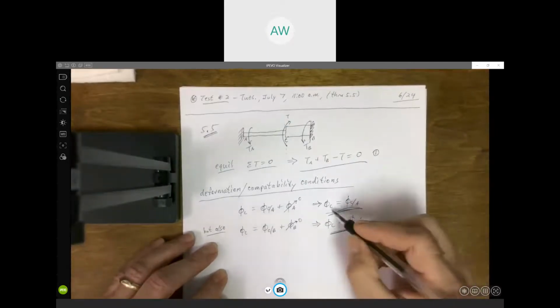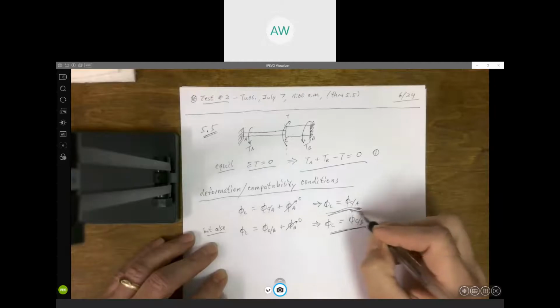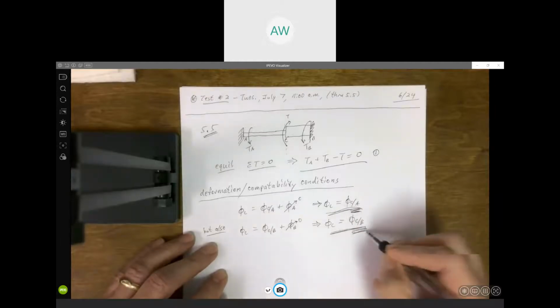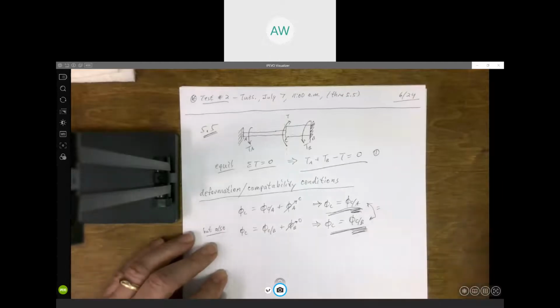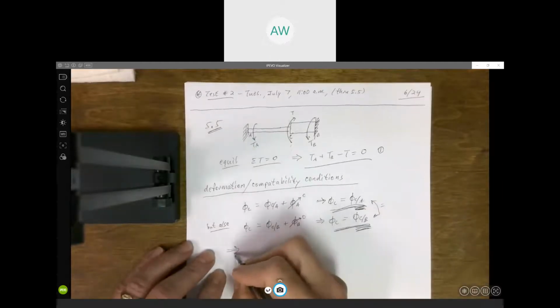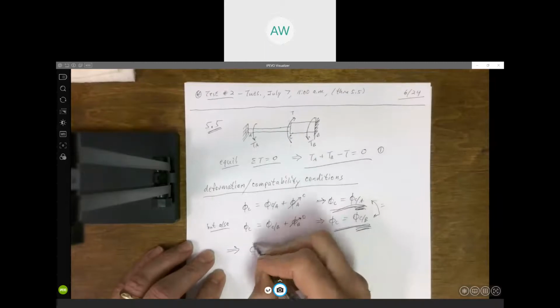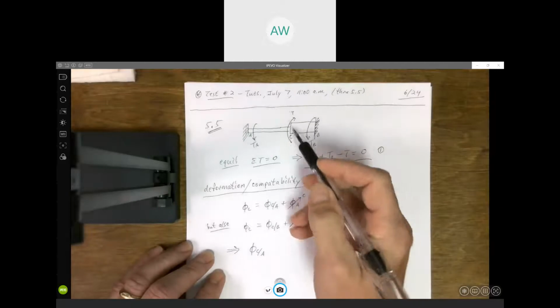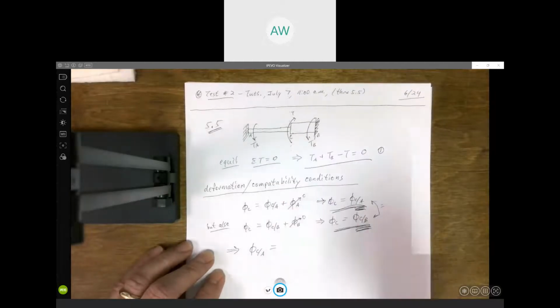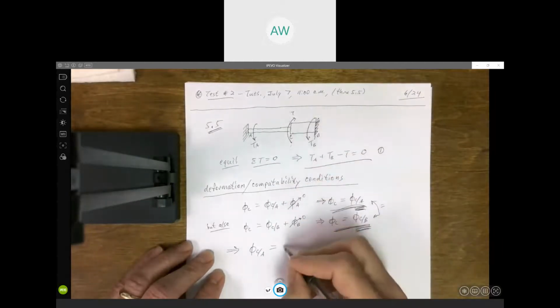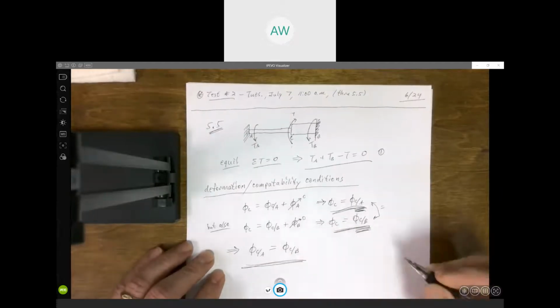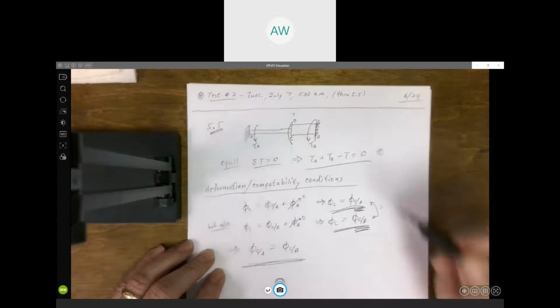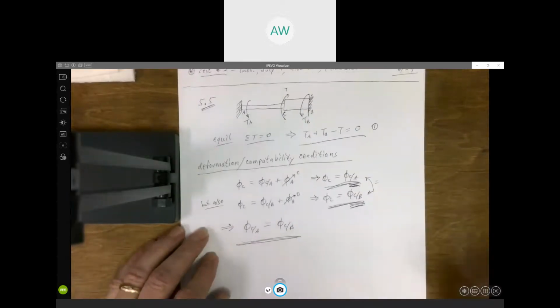Well, if the angle of twist at C is equal to this, and it's equal to that, then we know those two things must be equal also. And so this is where we get what the book calls a compatibility condition: the angle of twist of C with respect to A has got to be equal to the angle of twist of C with respect to B. This is where we're going to get our second equation from.